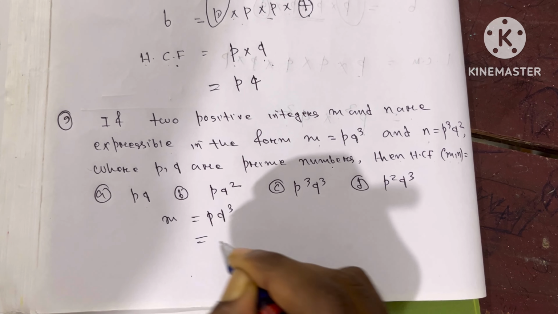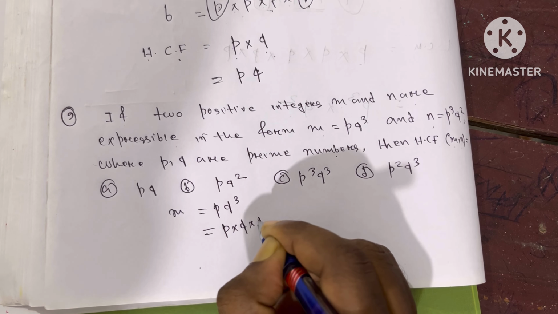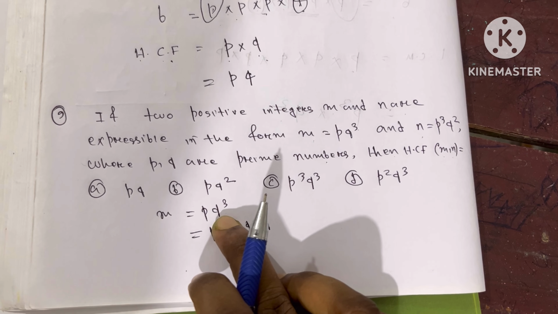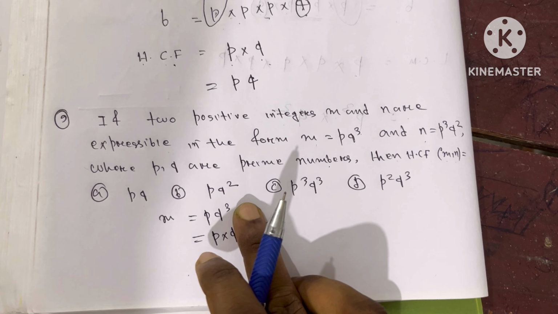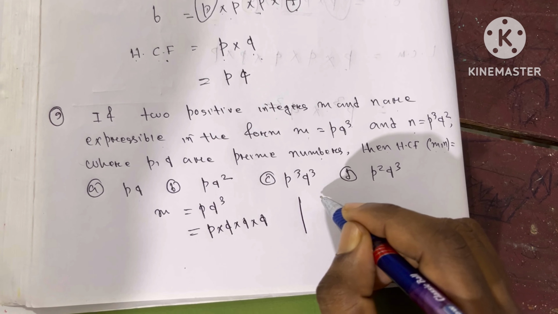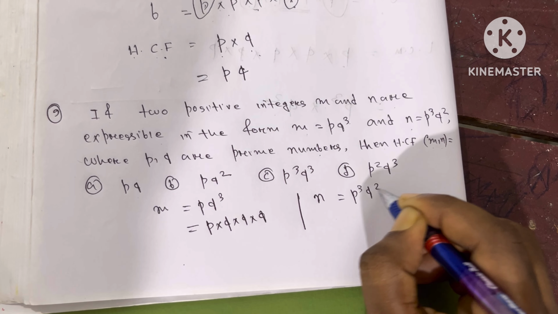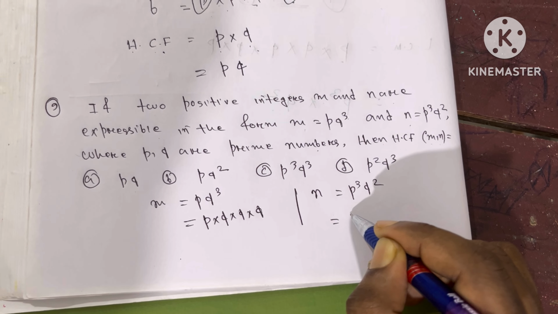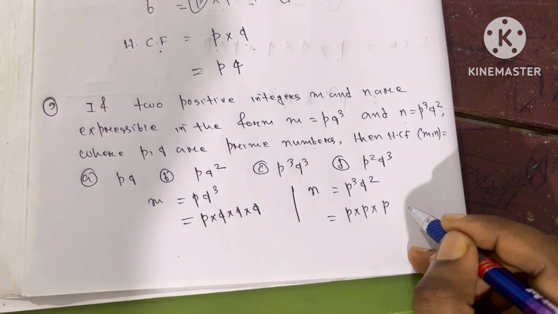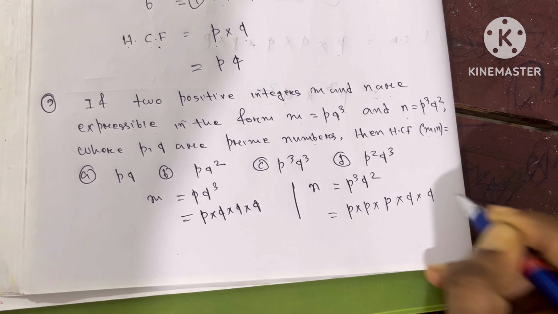If you factorize this, you will get p into q into q into q. Why do I write q three times? Because q exponent 3 means you have to write q three times. Similarly, if you factorize n, p cube q square, you will get p into p into p into q into q, because p exponent 3 and q exponent 2 means you have to write q two times.